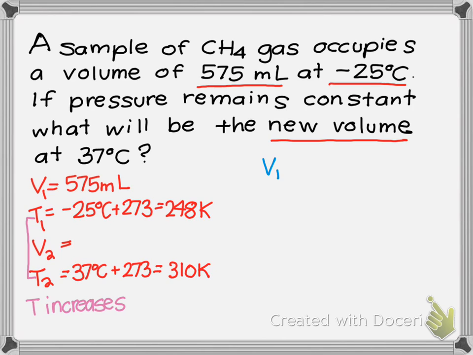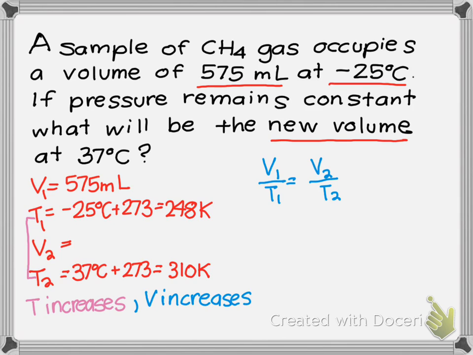Charles's law is V1 over T1 equals V2 over T2. This gas law is directly proportional, when it's one on top of the other. So if temperature increases, I'm going to say my volume increases. So we should have a volume that's larger than 575.